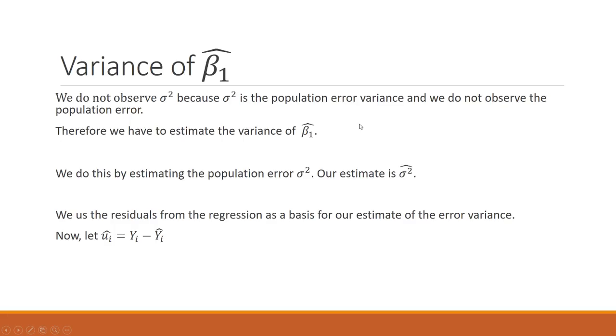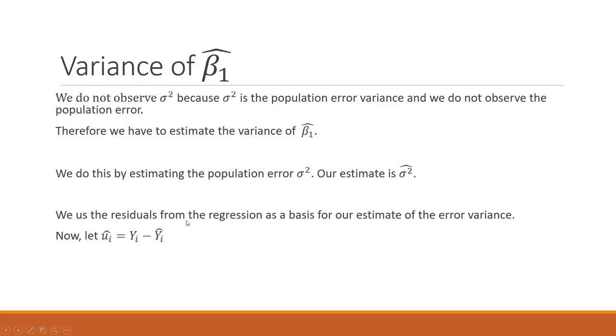So instead, what we do is we have to estimate sigma squared. We do not observe sigma squared because sigma squared is the population error variance, and we do not observe the population error. Therefore, we have to estimate the variance of beta 1 hat, and we do this by estimating the population error variance sigma squared. Our estimate is sigma squared hat.